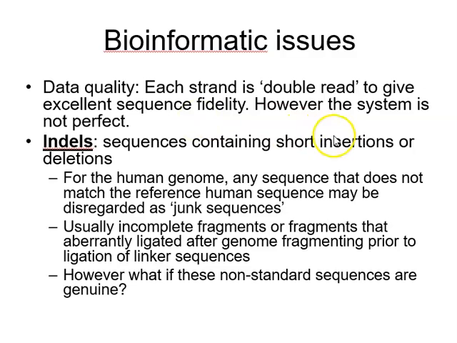Okay, I'm going to move on to some bioinformatic issues and then come back to some ethical issues towards the end. So bioinformatic issues relate to the quality of the DNA sequence and whether that is useful, and sometimes the sequence comes off the sequencer and doesn't directly match to anything in the human genome, and in many cases you get random bits of sequence and you just disregard these as junk DNA.